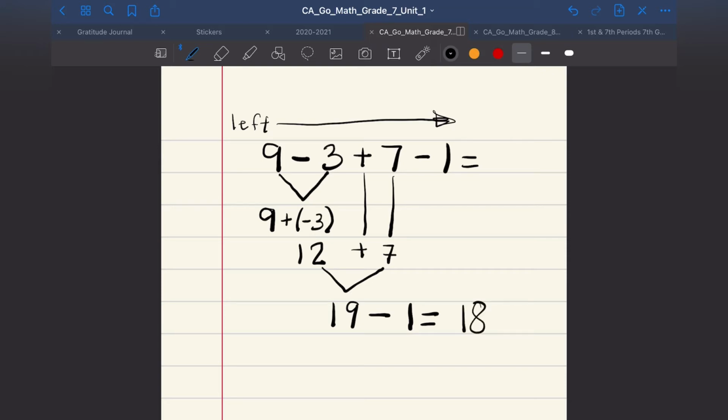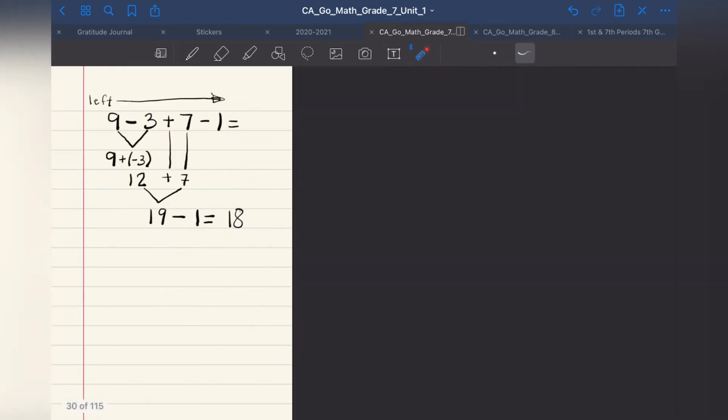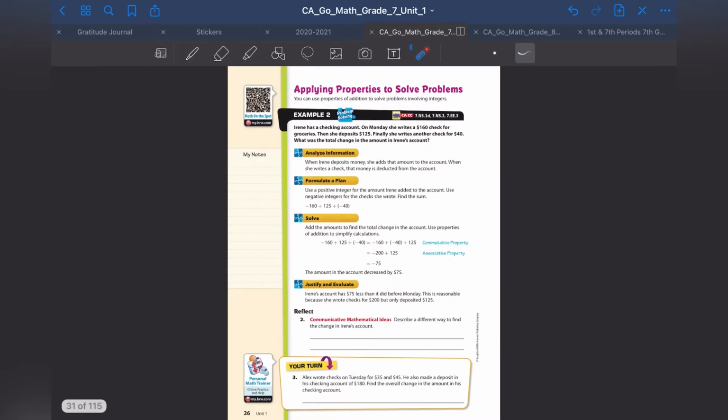Okay, so whenever you have a list of different integers with different signs, the same rules apply, but just start from left, do 2 at a time, and keep adding 1 until you reach the last one on the right. Okay, so now let's do lesson 1.4, which is applying those rules into real world problems.